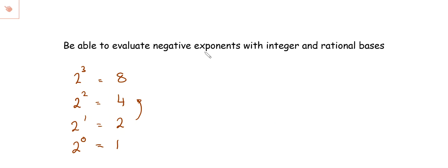Okay. So for those of you that like the higher level communication type stuff, if I wrote to you 2 to the power of k plus 1, you could write that as 2 to the power of k times 2. Make sense?